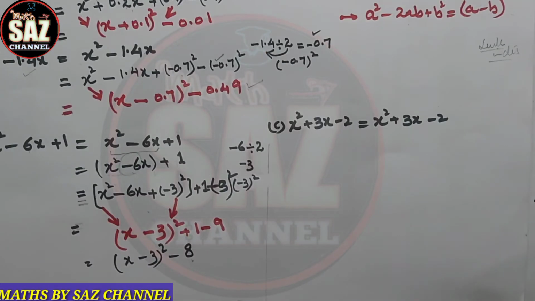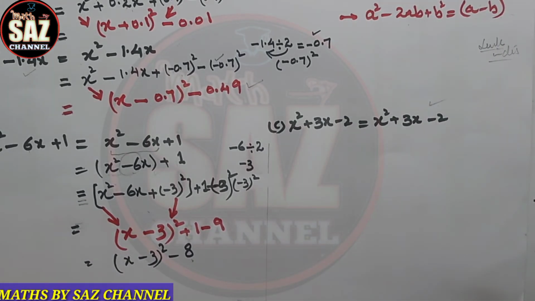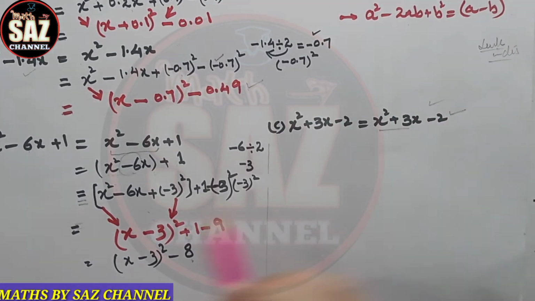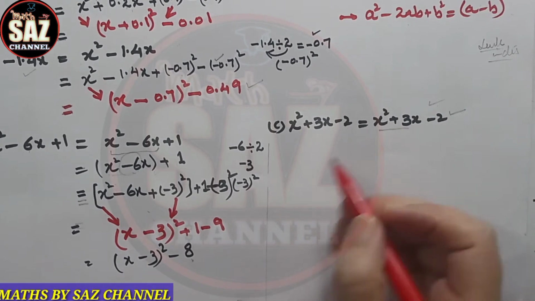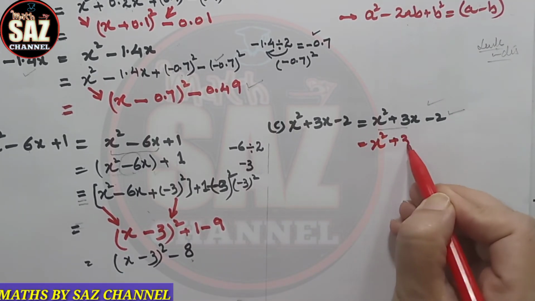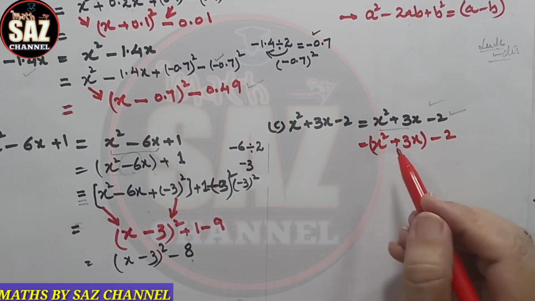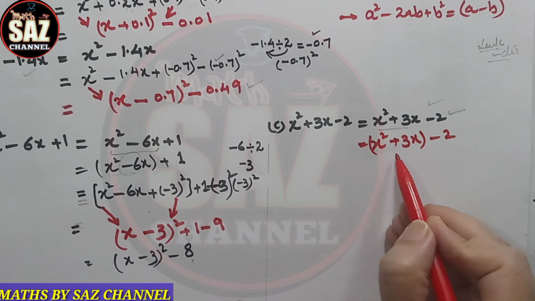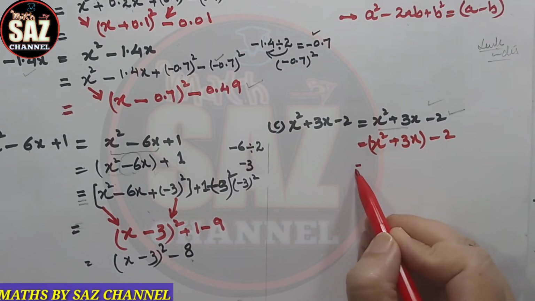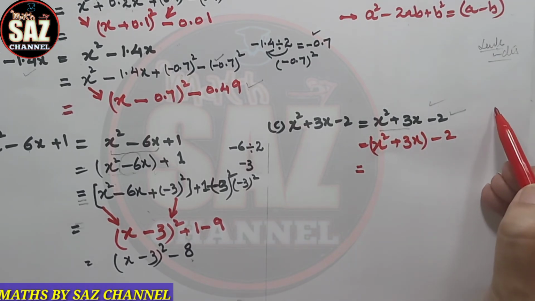The next part of the question is x square plus 3x minus 2. Again, we take these two terms in one bracket and keep this term alone. The question takes the form (x square plus 3x) in one bracket, minus 2. Now I have to express this part in complete square form. For that, I identify the coefficient of x, that is 3.